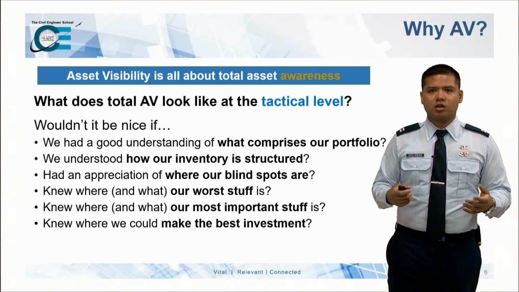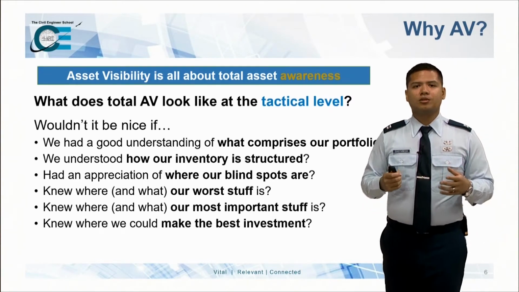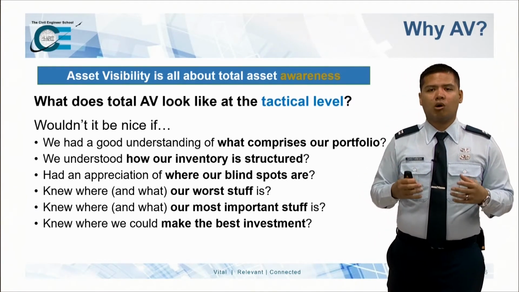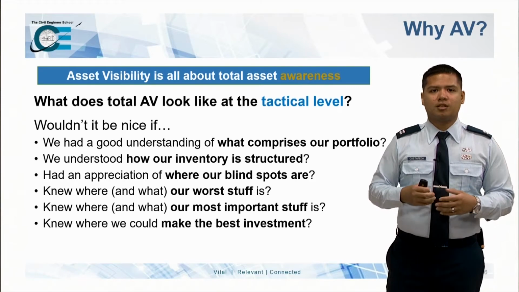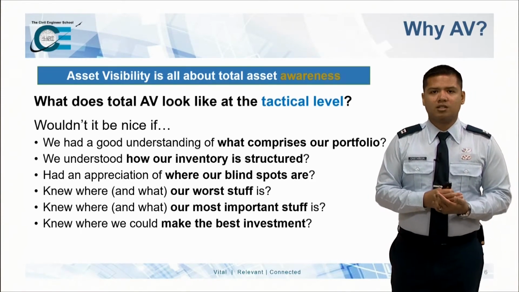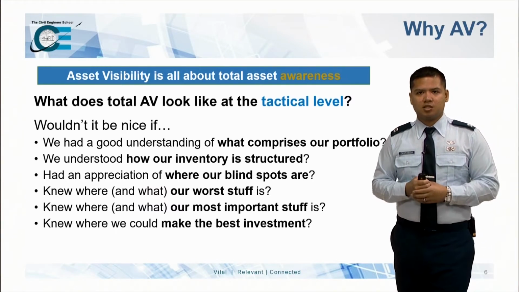So, why are we talking about asset visibility? Why does it matter? Asset visibility is all about total asset awareness. Everything that we can know about our assets to help us inform decisions, that's what we're about in asset visibility. We want to have enough information in order to make good asset management decisions.